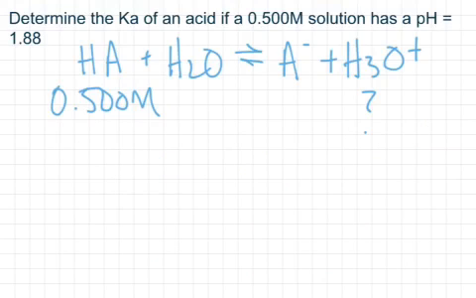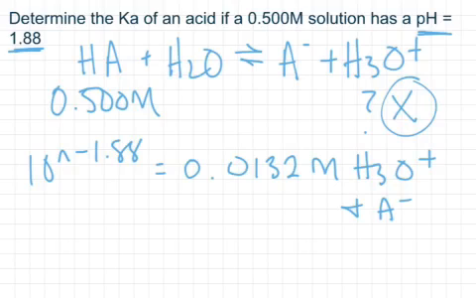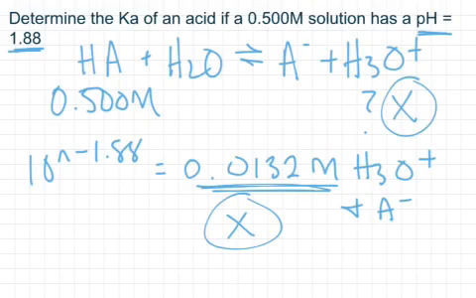Last but not least, we can go backwards. If we're given pH, we are secretly being told what the molarity of X is. So even if you don't know the identity of the acid, you can use pH to kind of work backwards with a generic example. So we need to begin by doing 10 to the negative pH because that will give us the value for X working backwards.